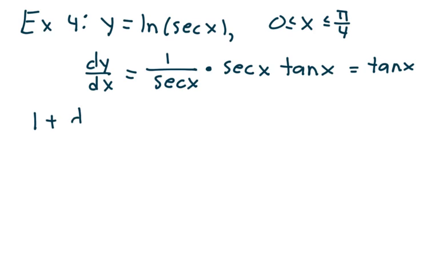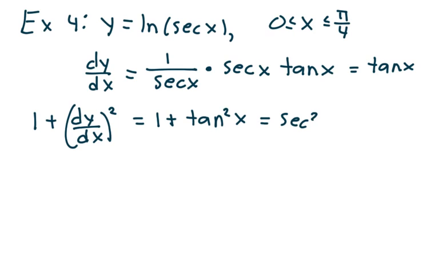So 1 plus dy dx to the 2nd power is 1 plus tangent squared x. But remember that 1 plus tangent squared x is secant squared x, right? So I'm going to write this as secant squared x. So L is the integral from 0 to pi over 4 of the square root of the previous step.